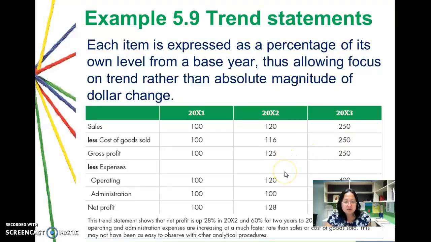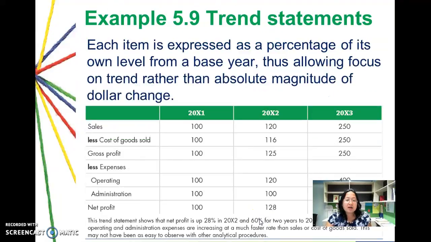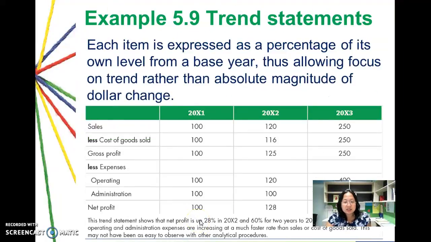This trend statement shows that the net profit is up by 28%, or up by $2 million, 27 million compared with 25 million in the previous year, and 60% over the 2 years from year 2001 to 2003.